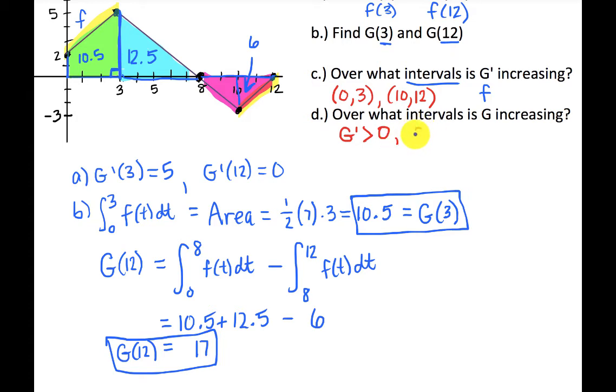So we're essentially just looking for where f is positive. You can also look at it as where are the areas positive or above the x-axis. So this occurs from 0 until we get to 8. That's where we have a positive derivative. In other words, g would be increasing. So the answer to part D would be from 0 to 8.